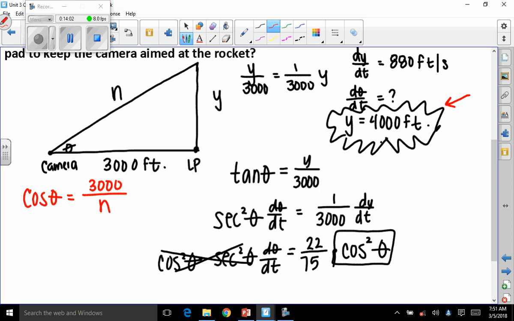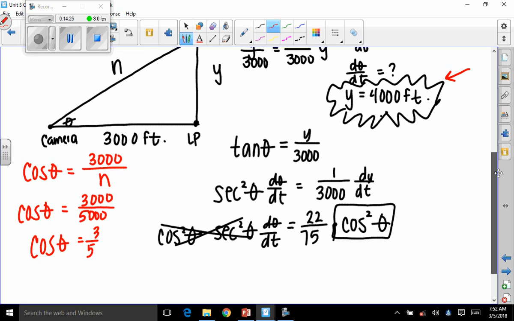Yeah, you shouldn't even really need to work that out, because if one's 3,000, the other one's 4,000, what's this one got to be? 5,000, right? Because it's 3, 4, 5, just add some zeros on the end. So at my instant, the cosine of theta is 3,000 over 5,000, which is really just what? 3 over 5, okay?